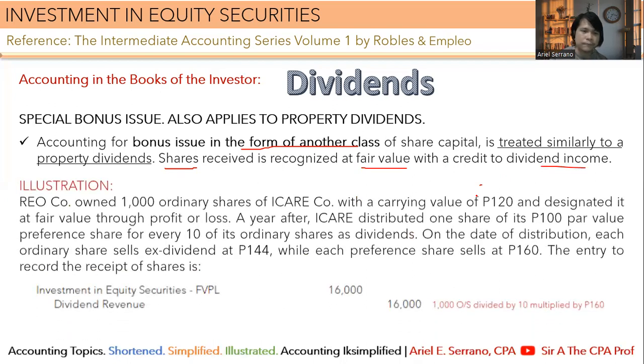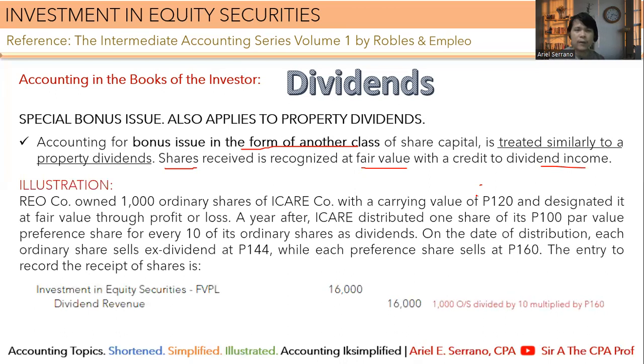For example, Reo Company owned 1,000 ordinary shares of iCare Company with a carrying value of 120 pesos and designated it at fair value through profit or loss. A year after, iCare distributed 1 share of its 100 peso par value preference share for every 10 of its ordinary shares as dividend. So if Reo holds 1,000 shares, at 1 to 10, that is 1,000 divided by 10, so it will receive 100 preference shares.